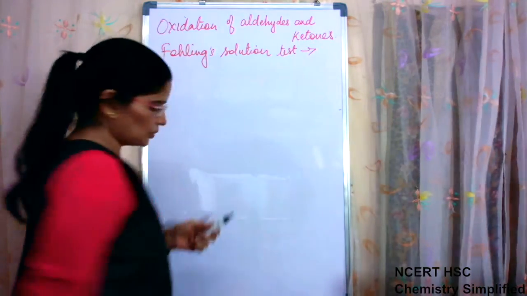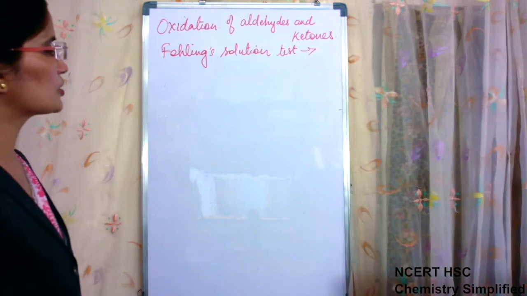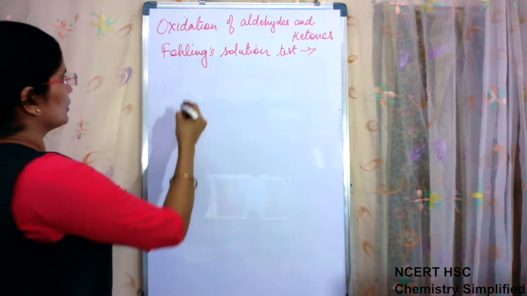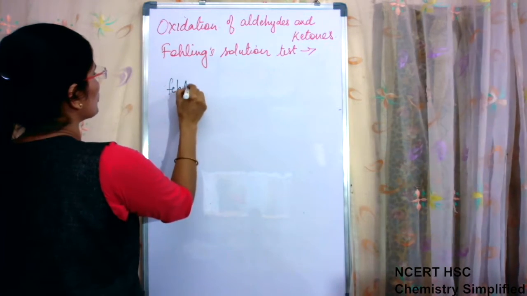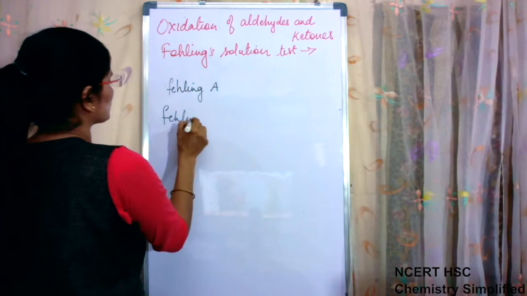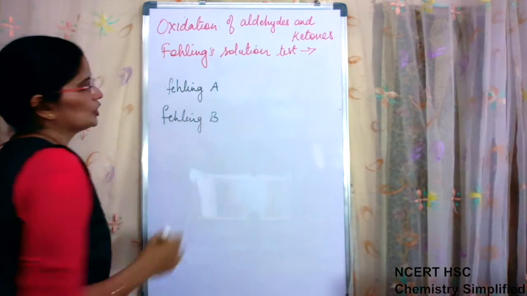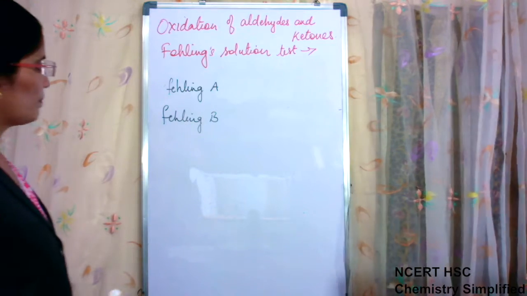Now, this test is given by copper ions. Now, what is actually Fehling's solution? It is a combination of Fehling A and Fehling B. Two solutions are mixed together.